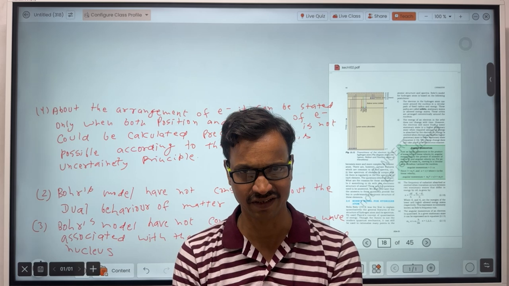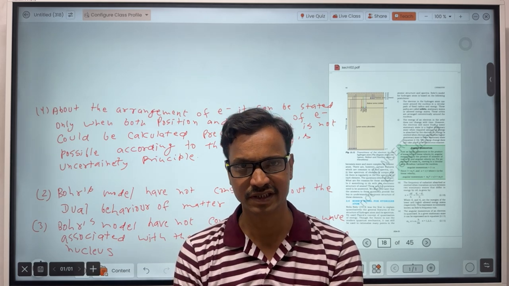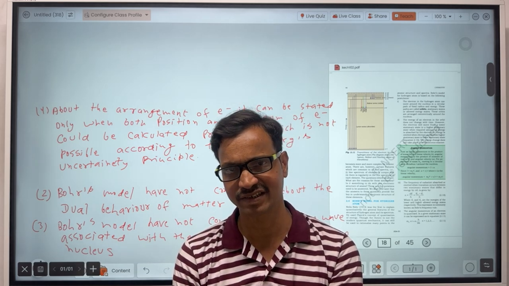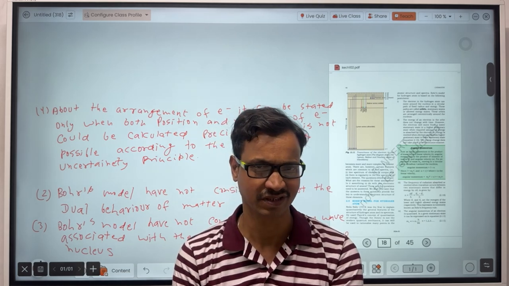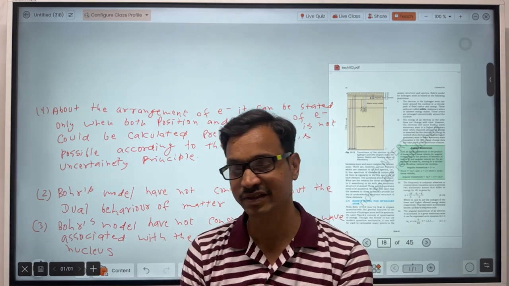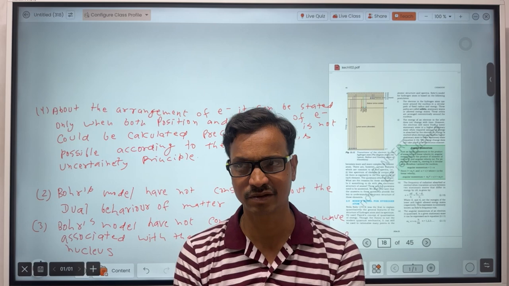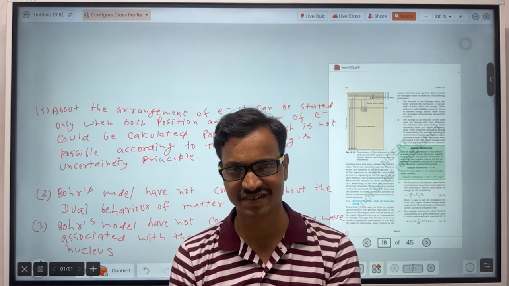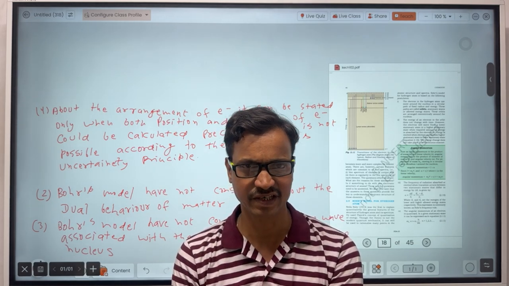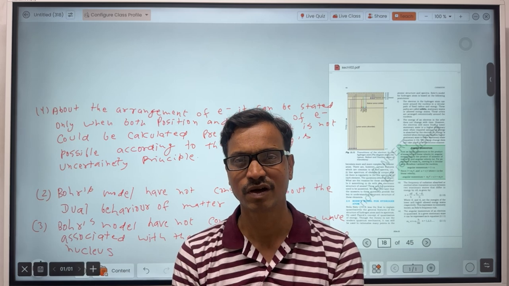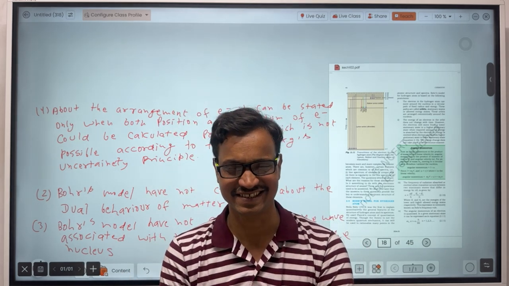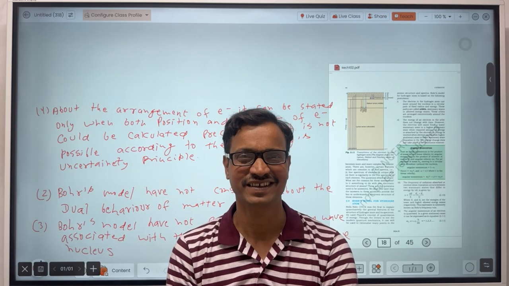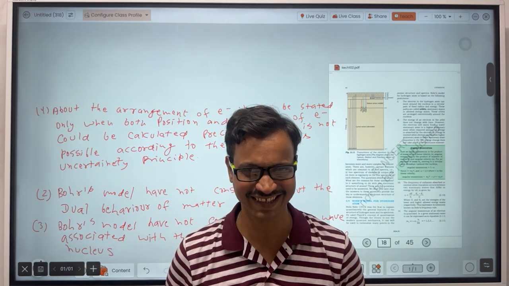So the quantum mechanical model stated the probability of finding the electron. The region of space where the probability of finding an electron is maximum is called an orbital. About those points we will discuss in detail in the next class.